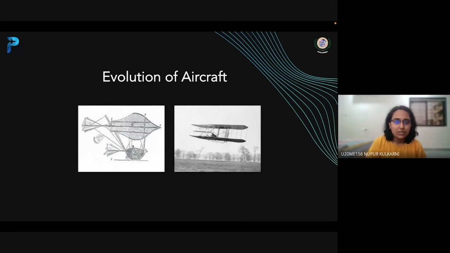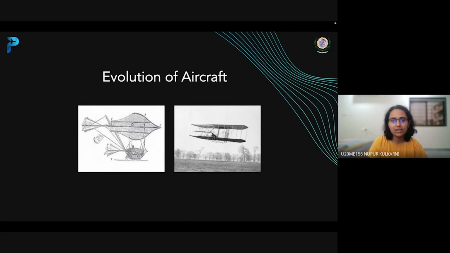On the screen, you can see the first image is the first ever flying machine, which was made by Sir George Cayley. It is probably considered to be the first flying machine which illustrates a discrete fuselage, wings, and empennage.